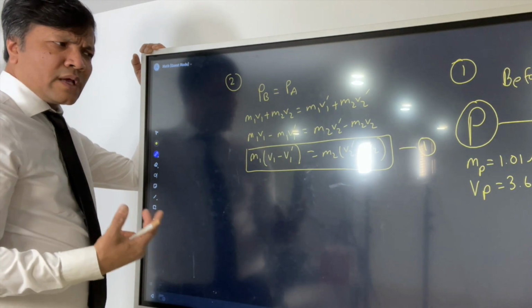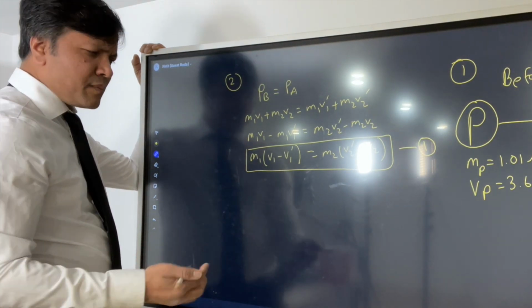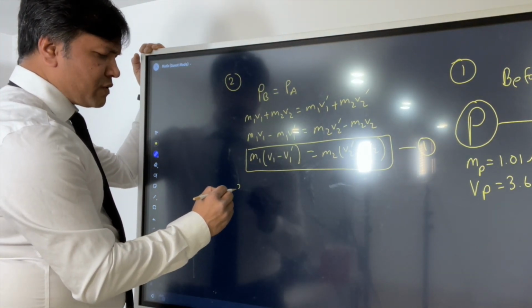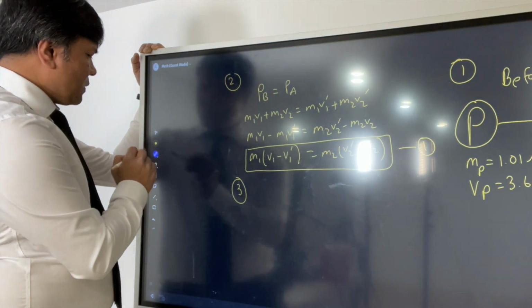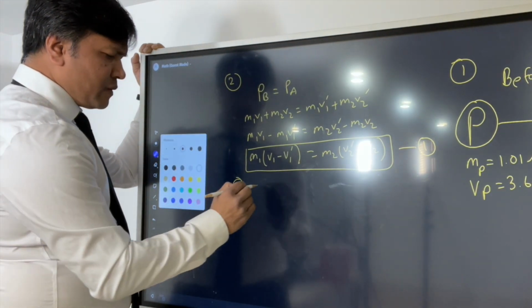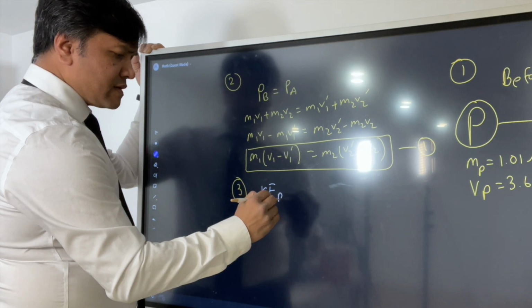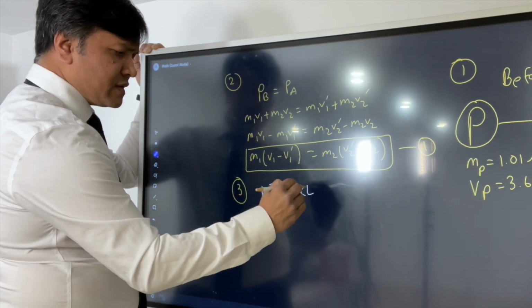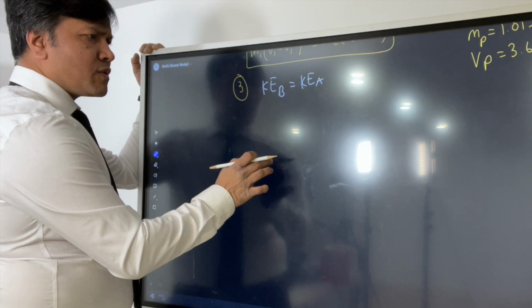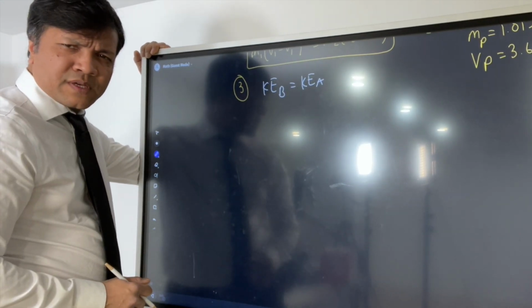Now we're going to do the second part, step number 3. We're going to do kinetic energy before is equal to kinetic energy after. So what does that mean? Kinetic energy before, kinetic energy after.